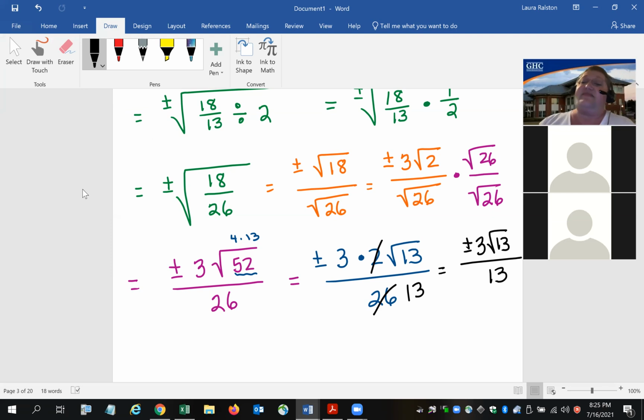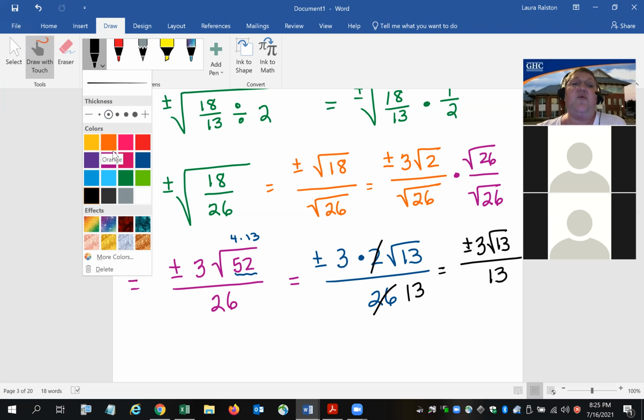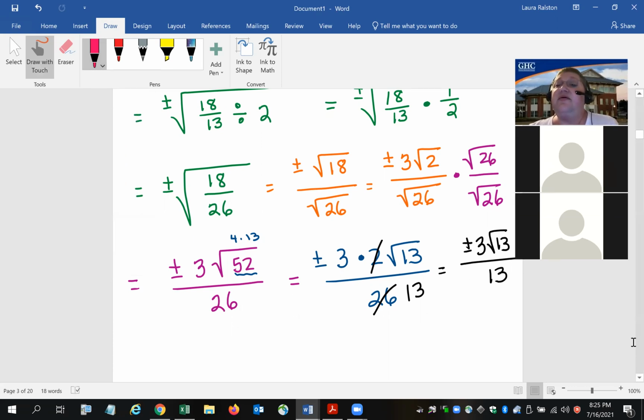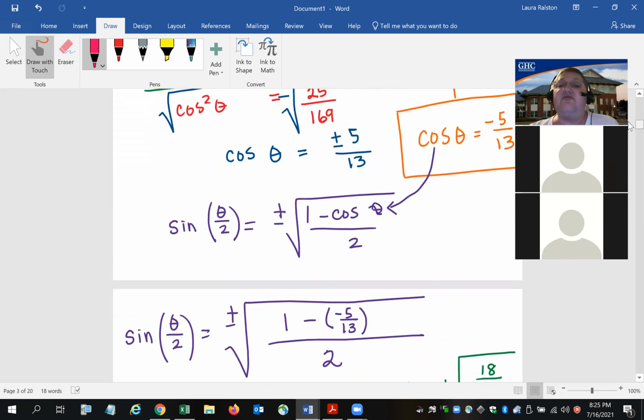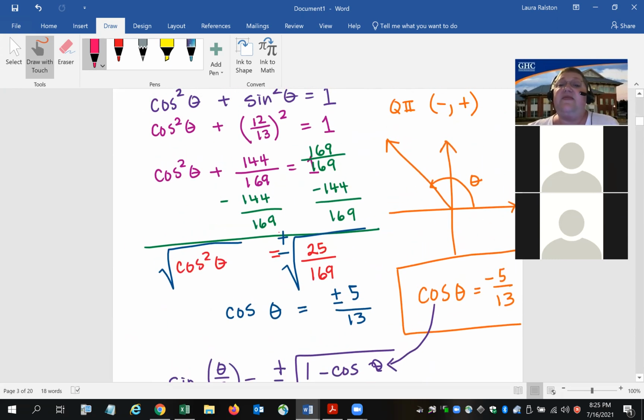Then again, I'm down to the point where I've got to decide, is my answer going to be positive or negative? Okay, so here's where you've got to think it through for a minute. If we go back up here to our picture, the original angle is in quadrant 2. If I take half of that angle, that's going to put me back into quadrant 1.